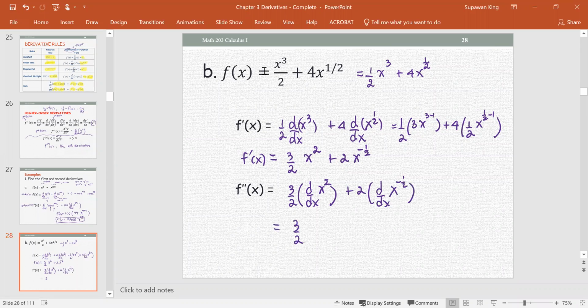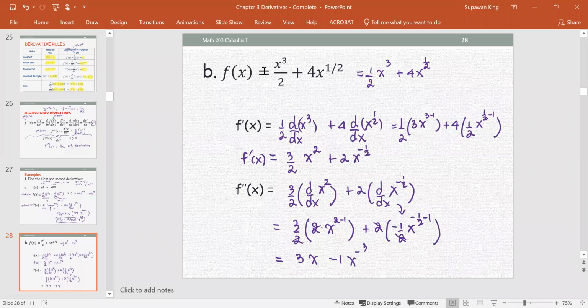The first term, 3 over 2, multiplied by, after applying the power rule, the derivative of x squared with respect to x, we will get 2 times x to the power 2 minus 1, plus 2 times, applying the power rule here, we get negative 1 over 2, x to the power negative 1/2 minus 1. And then simplify the numbers. 2 and 2 reduce, we get 3 times x to the first power. 2 and 2 reduce, becomes negative 1, x to the power negative 3 over 2. And this is the second derivative of f.